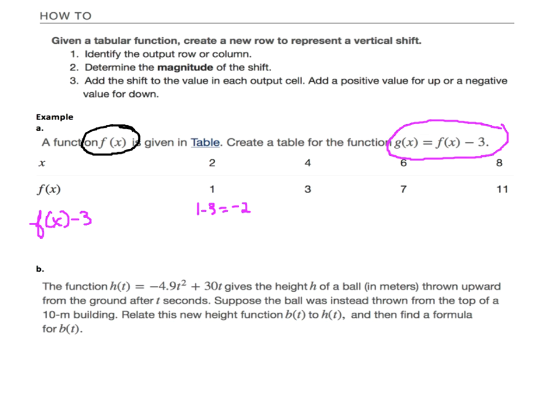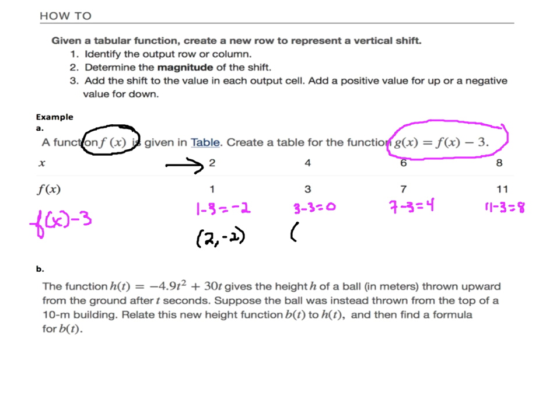So here we have 1 minus 3, which is negative 2, 3 minus 3, which is 0, 7 minus 3, which is 4, and 11 minus 3, which is 8. So our new point that we come up with, we have the point (2, -2), because it's the same x or the same input values.